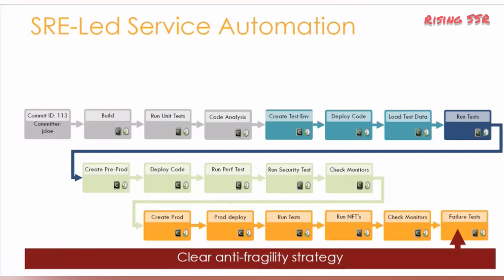You need to ensure that you have your containers running across all the availability zones, so that if one availability zone goes down, you have other availability zones to take care of. In that case, you are building an anti-fragile strategy for your application code as well as your infrastructure.